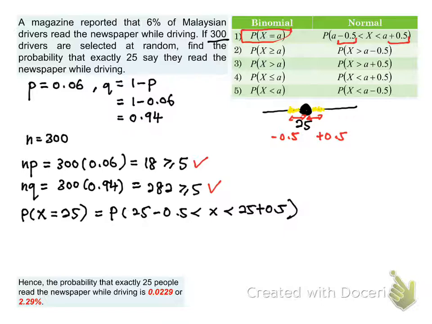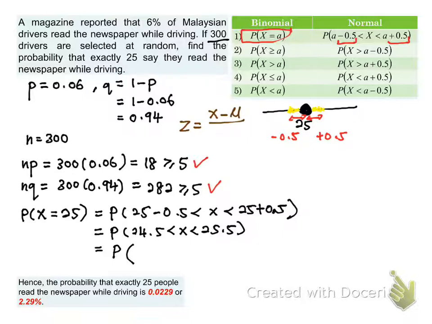Yes, okay, good. So now we need to change it to the z value. Before we change it to z, we simplify it first: 25 plus 0.5 is 25.5 here. Now we change it to z. Our formula is z equals x minus mu, divided by sigma. This is not the sample mean, we just give you the x value.